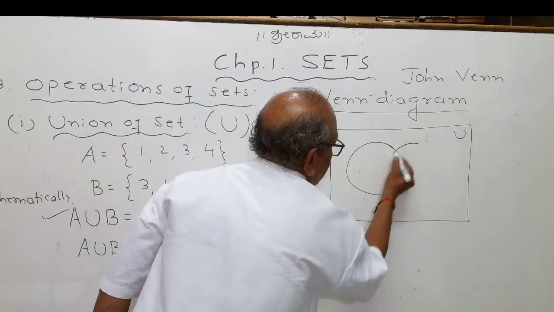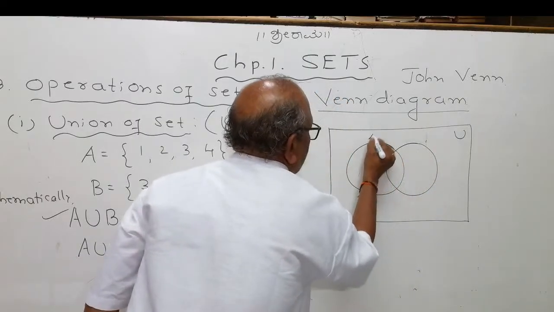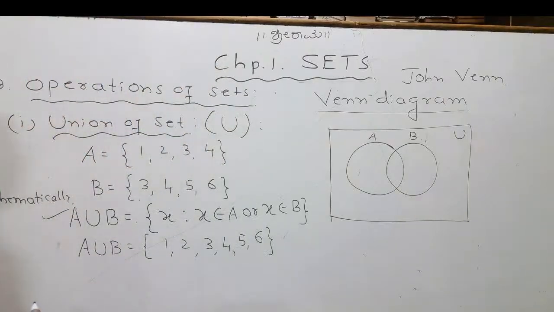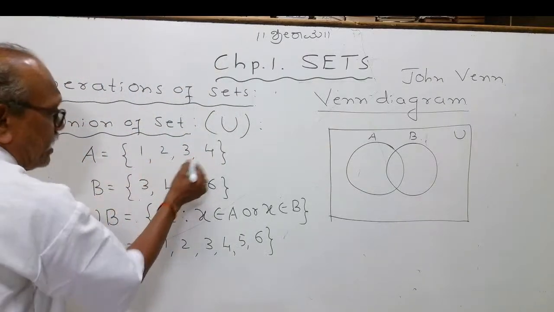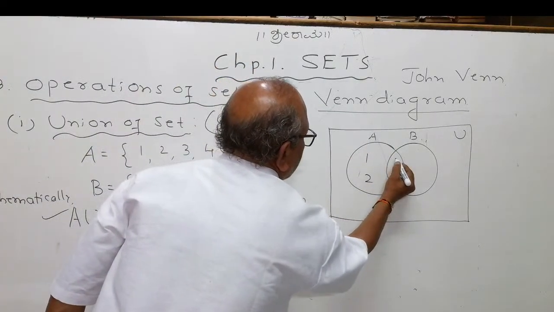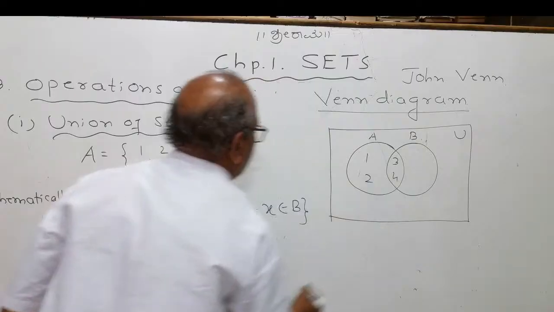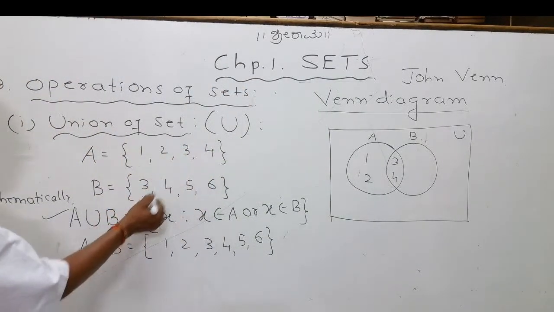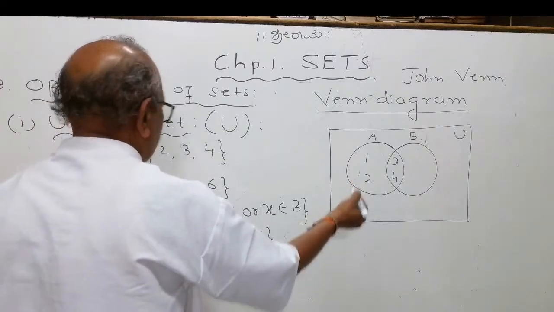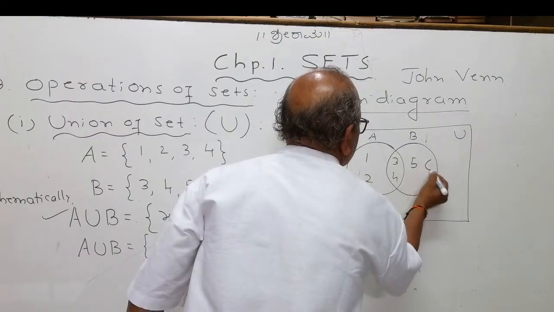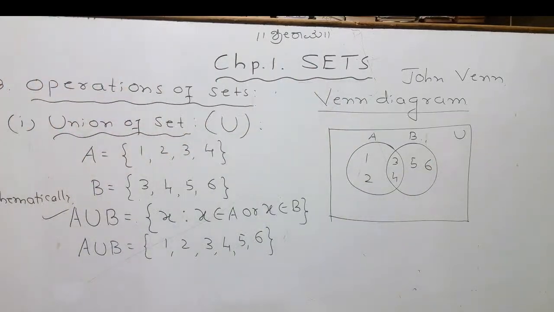This is A, this is B. In the intersecting part, you write the common elements 3, 4, which are in both sets A and B. Except 3, 4, you write the remaining elements of B, 5, 6.